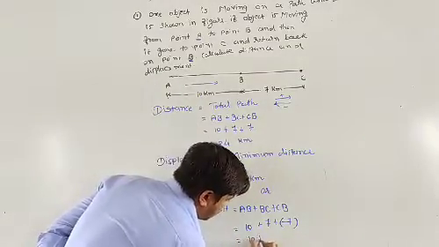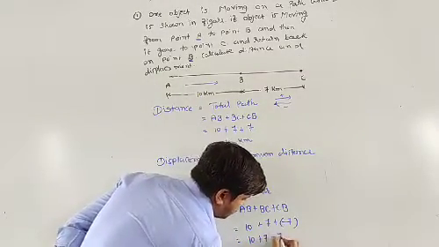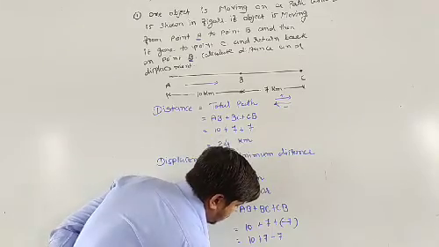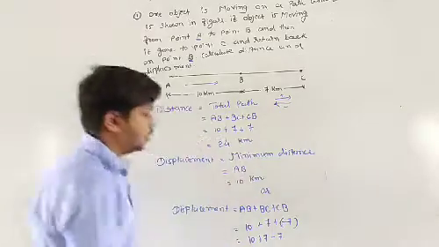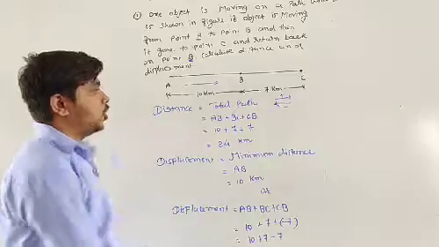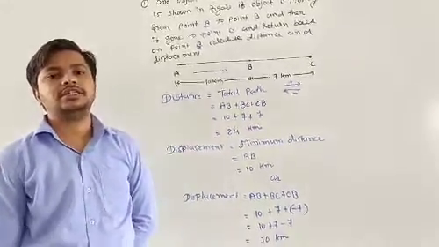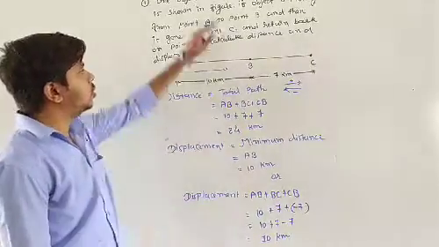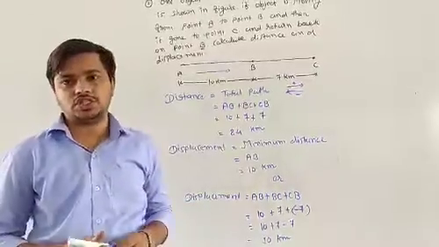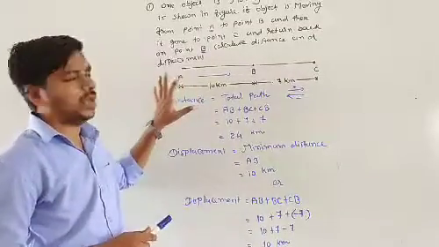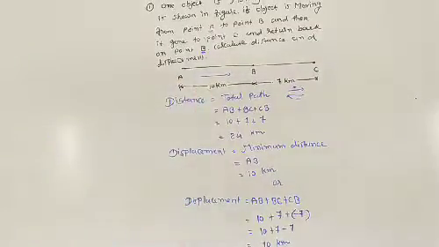So 10 plus 7 minus 7 gives you 10 kilometers. Like that, you can calculate displacement. Understand? So here are the two questions which you have seen today.